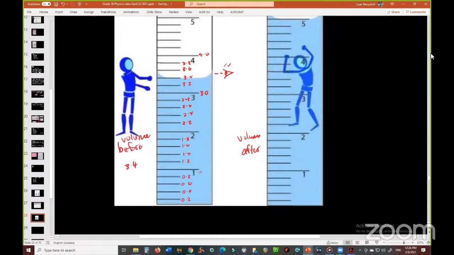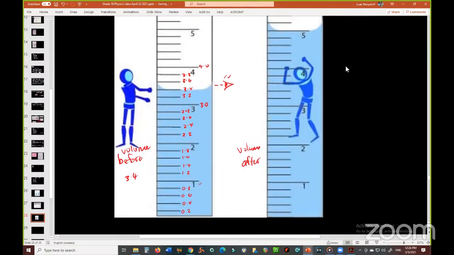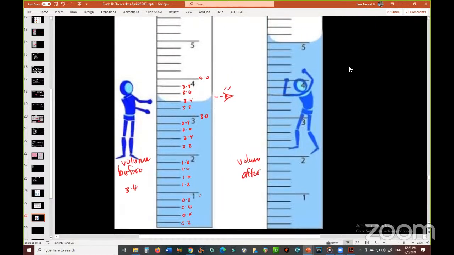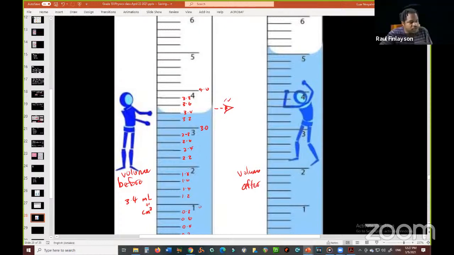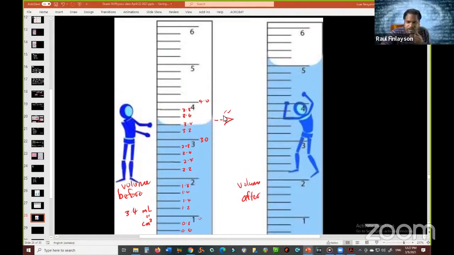Any questions here, guys? No, sir. All right. So the volume before is 3.4. By the way, this is milliliters or centimeter cube. That's what the volume of liquids is measured in, using of course the measuring cylinder here. All right, this takes care of the volume before.